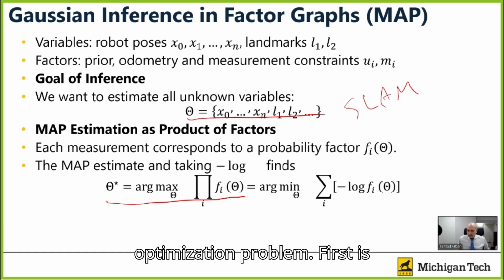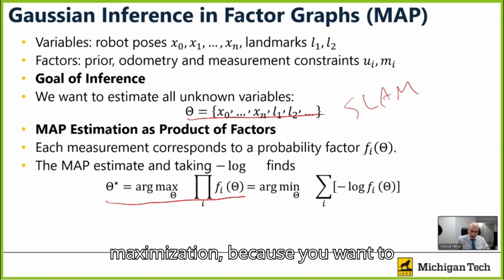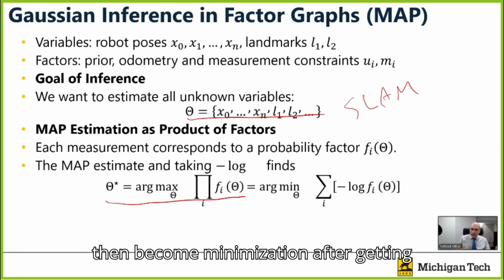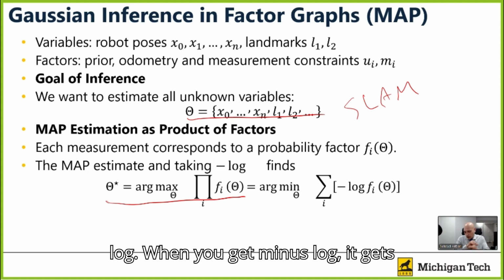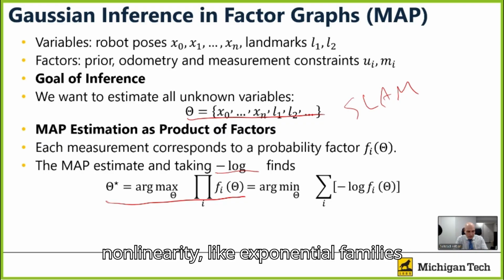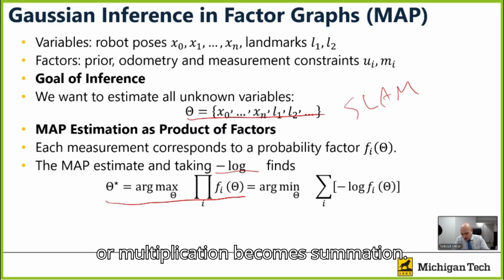First it is a maximization, because you want to maximize this likelihood, but then it becomes minimization after taking the log. When you take the minus log, you get minimization, and the log also eliminates some nonlinearity, like exponential families, and multiplication becomes summation.